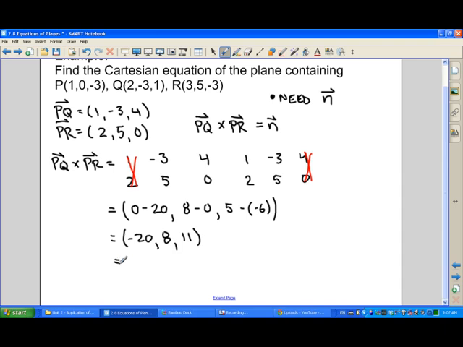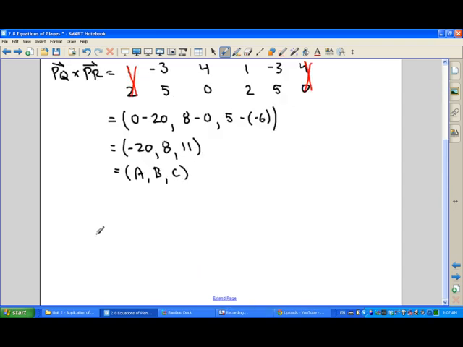And based on our definition of what the normal is, these are my A, B, and C components of the Cartesian equation. So I have negative 20x plus 8y plus 11z plus an unknown d value equals 0.